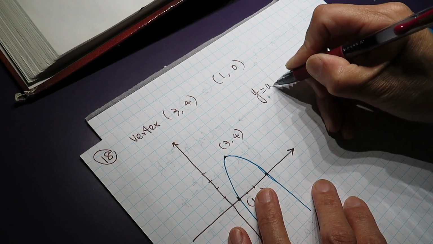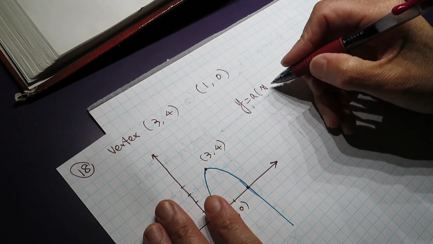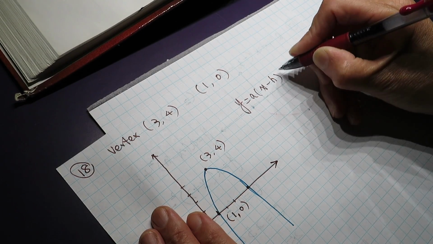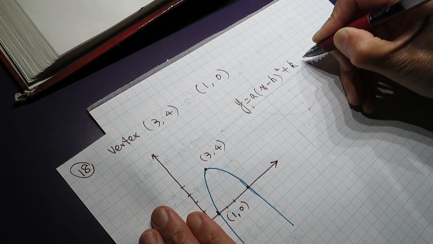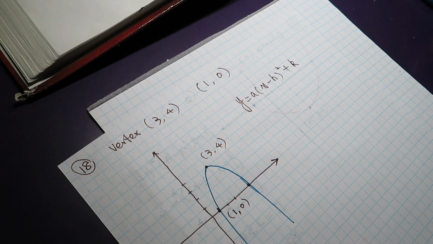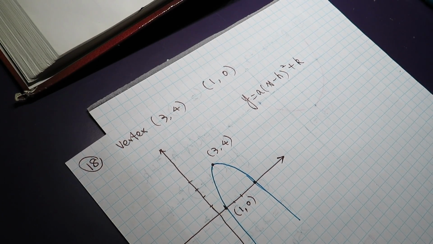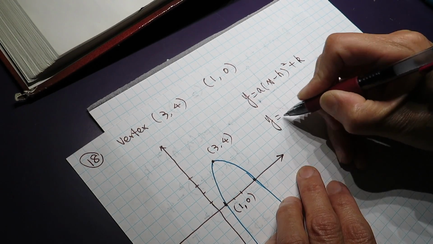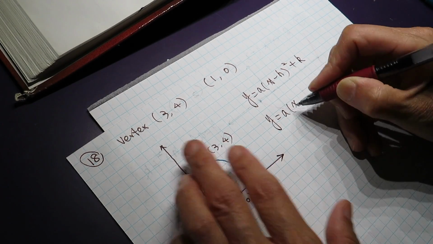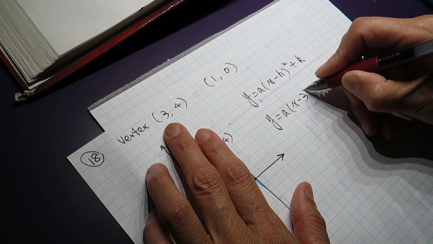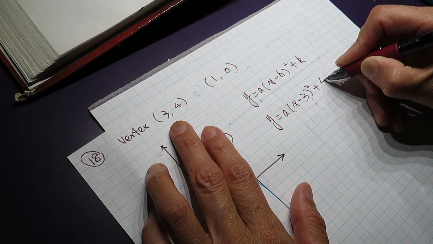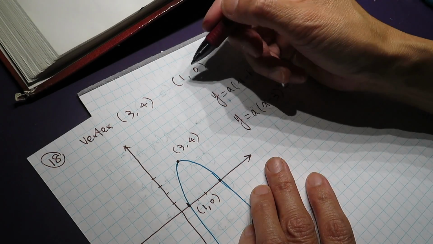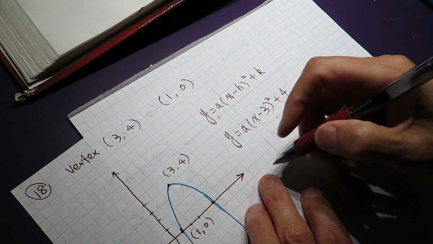Y equal a times (x minus h) square plus k. Y equal a times (x minus 3) square plus 4, and we have the formula, plug in the number.